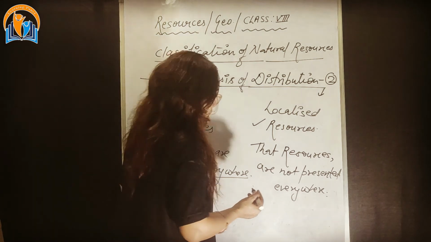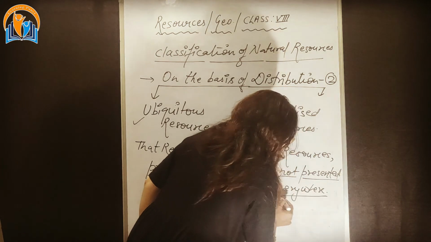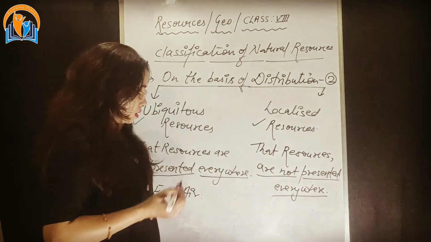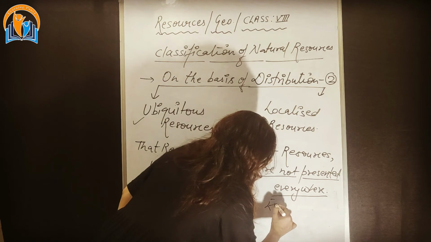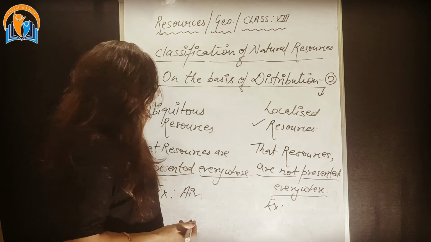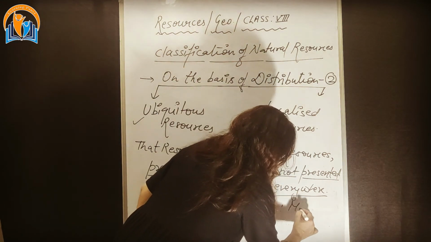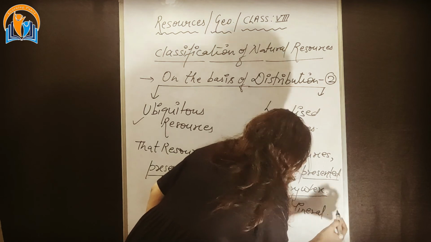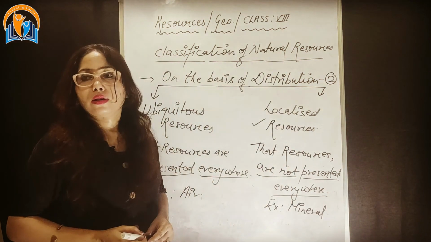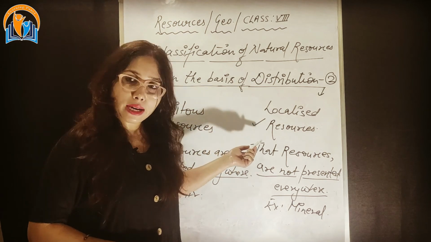Okay, once again, those resources are not, underlined, present everywhere. Example, like we just take minerals. Okay, so they are called localized resources.